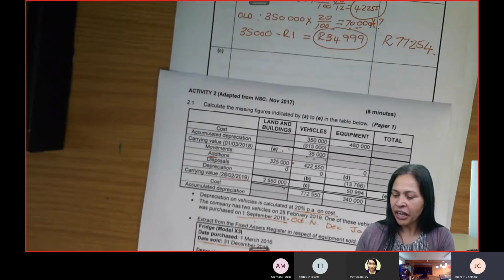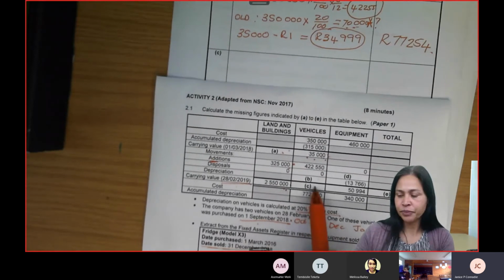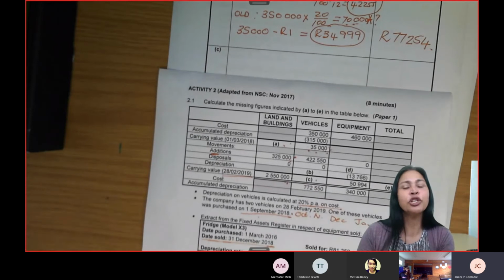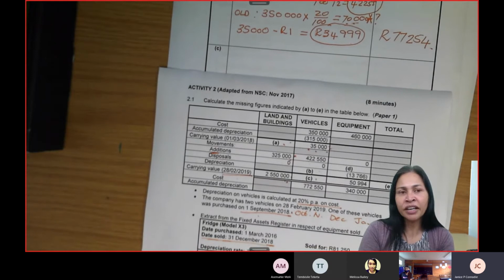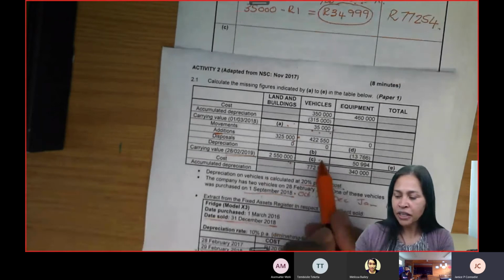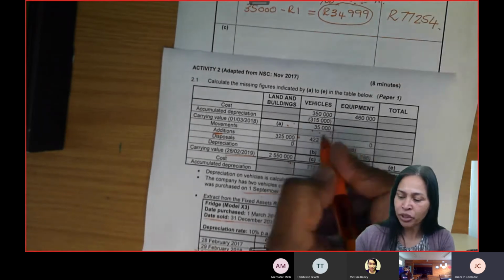Let's see if we can calculate C. Now C is your carrying value. Again, I'm going to ask you to quickly calculate, but it's important that you apply these yourself instead of me or the educator just providing you with the answers. So I need to find C. You have just calculated B, so you can put in B, and I'm going to put in B in here.